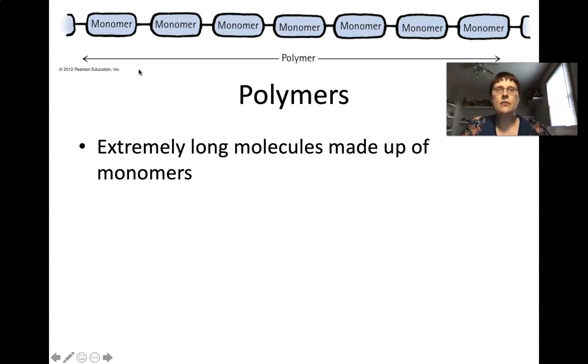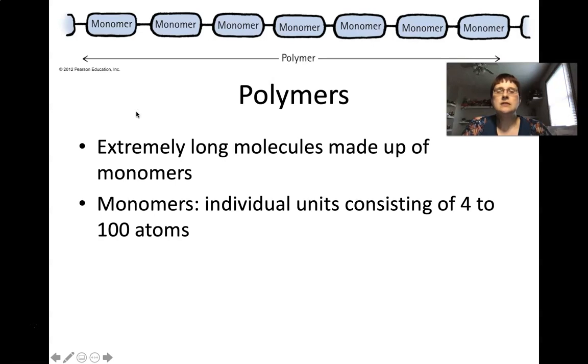These monomers are individual units, but they can be made up of as little as 4 atoms up to 100 atoms. So they can be very small or they can be quite large. Just depends on what we're trying to build.